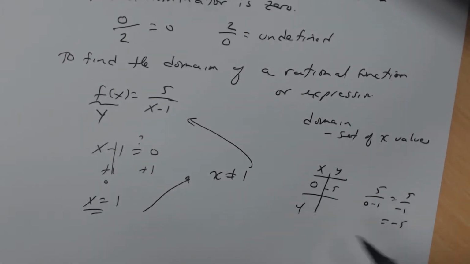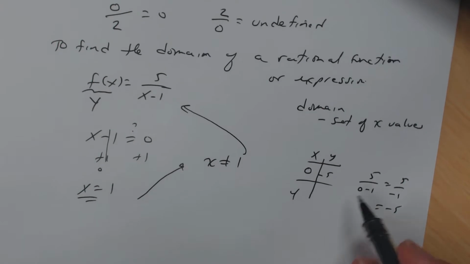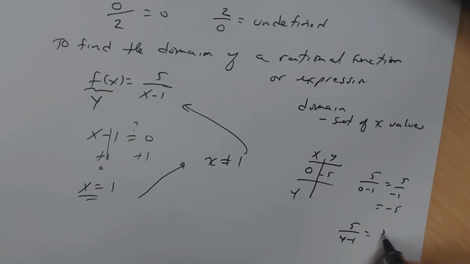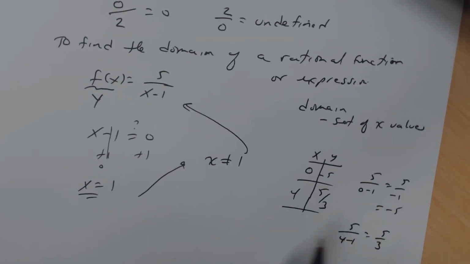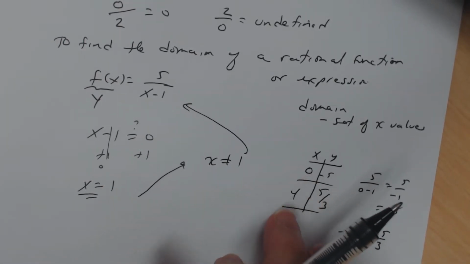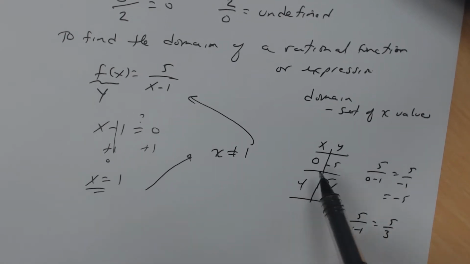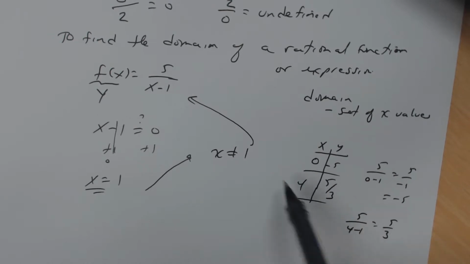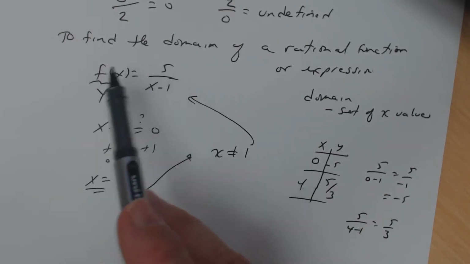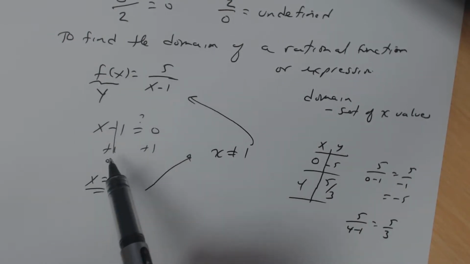If I plug in 4 for x, I get 5 over 4 minus 1, so that's 5 over 3. No matter what x value I choose, I will get a value for that expression.